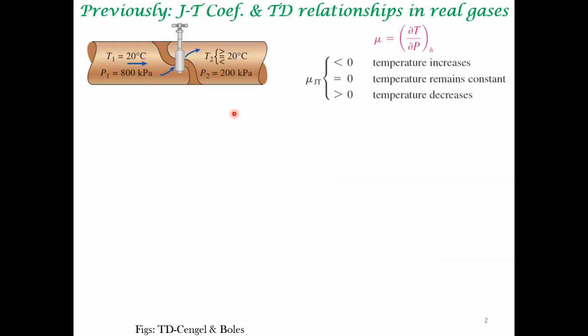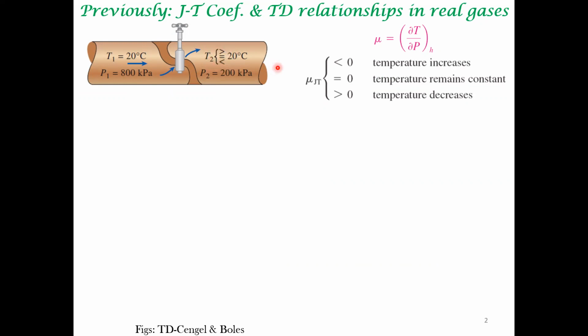In the previous lecture, we had looked at the Joule-Thomson coefficient and isoenthalpic changes. When these isoenthalpic changes occur, there's a decrease in pressure when you throttle. However, the temperature can decrease, remain the same, or increase.